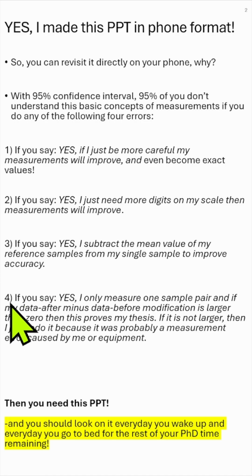Deadly error number 4: you say, I only measure one sample pair. I make a device, the reference device, test its performance, and then I make another device with my modification and test that. And if the modified device performs better, well, that proves my thesis, right? It just has to be larger, then it's good to go.